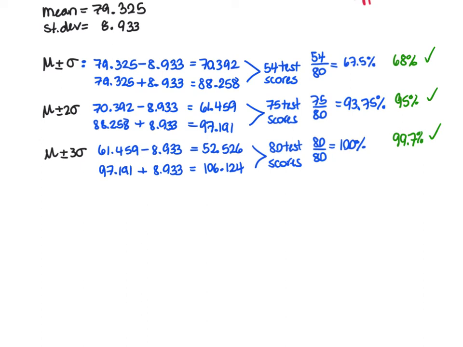So maybe it was inconclusive, maybe it was pointing us in the not approximately normally distributed side, but then we used the empirical rule, and that led us to conclude that the data is close enough to normal that if we were trying to use probabilities and table A and normal CDF and inverse norm, we would be able to get approximate values using the normal distribution. So we're going to conclude our data, our test scores are approximately normally distributed. Not perfect, but close enough.